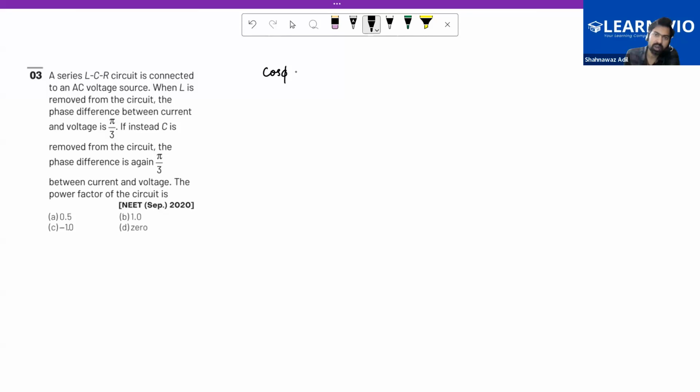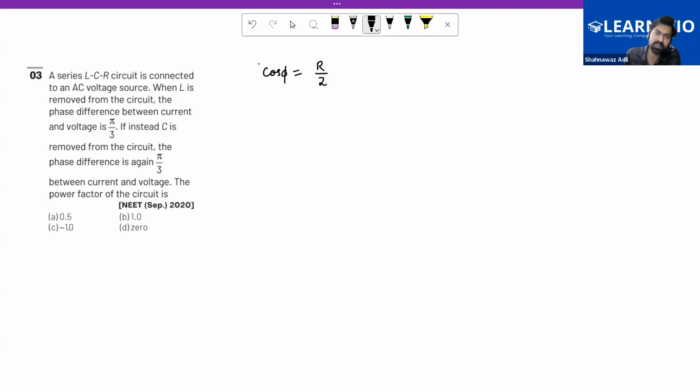Cos phi is R by Z. And if instead C is removed from the circuit, the phase difference is again pi by 3 between current and voltage. The power factor of the circuit we want to find.